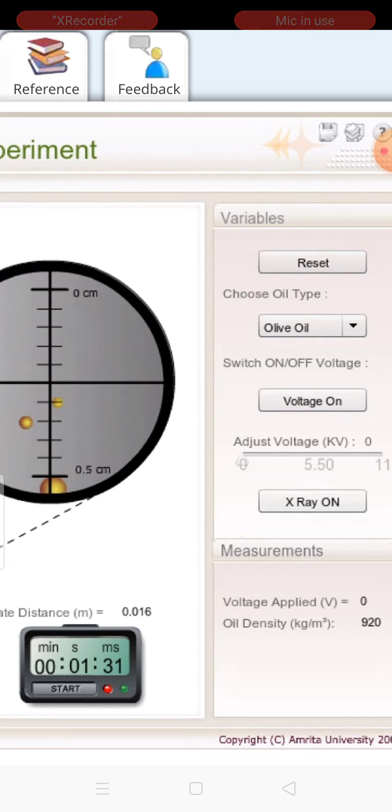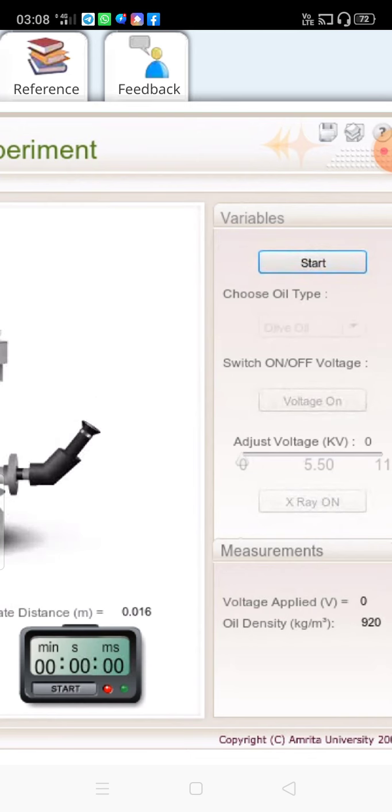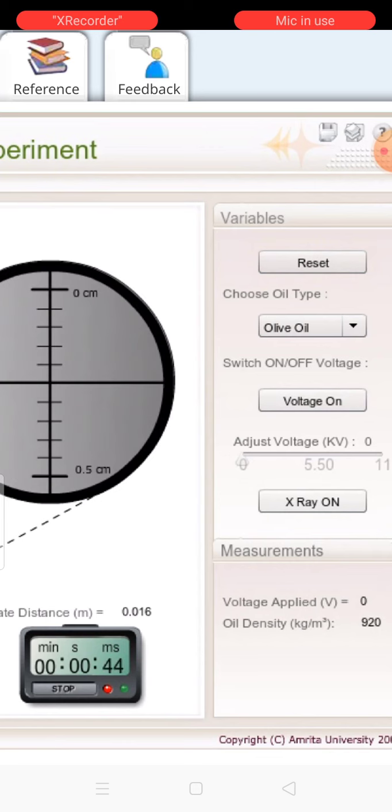Okay, so now I reset, start, stop the clock. Starting time is 2.9. I will start it when the drop comes. Wait until it starts coming. Say it started, I am starting the clock.